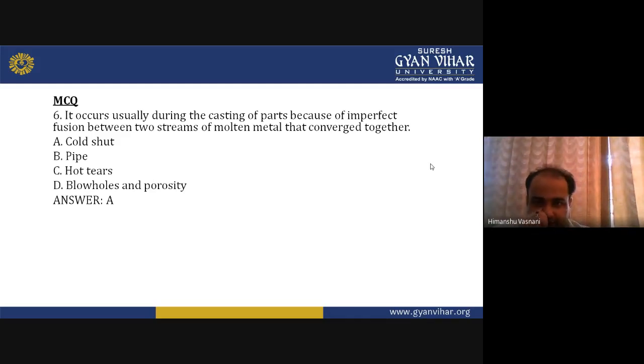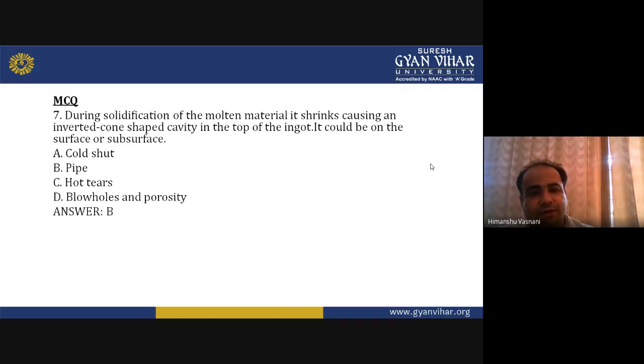This line came from there: because of imperfect fusion between two streams of molten metal that converge together. Cold shut. I taught you this in inherent discontinuities. Okay, cold shut. During solidification of the molten metal, causing an inverted cone shaped defect in the top of the ingot. Very easy. You remember we had a good discussion on this topic, right?